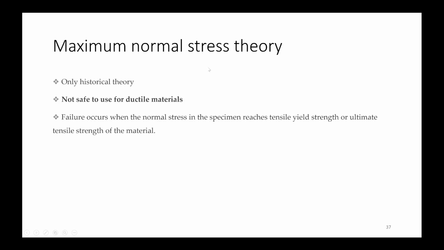Now maximum normal stress theory. This is a historical theory, suggested a lot prior to these comparatively newer theories. It is not safe to use for ductile materials. Now the failure occurs when the normal stress in the specimen reaches tensile yield strength or ultimate tensile strength of the material.